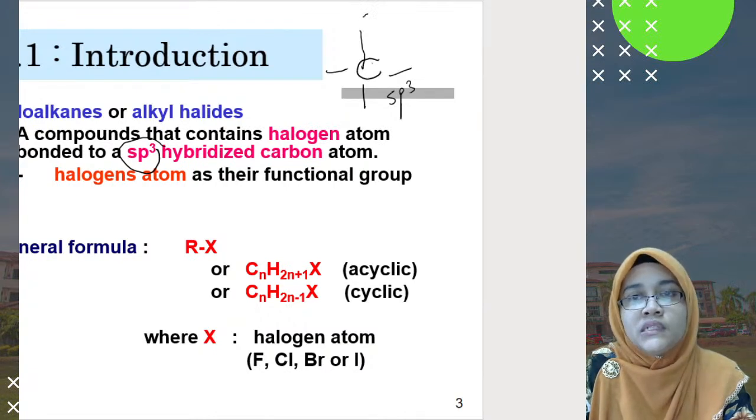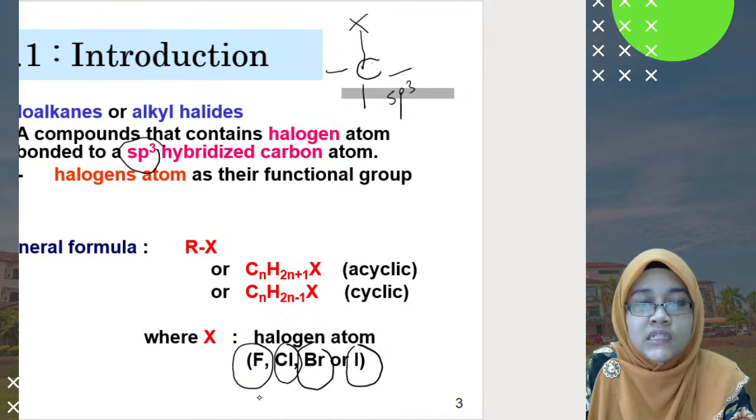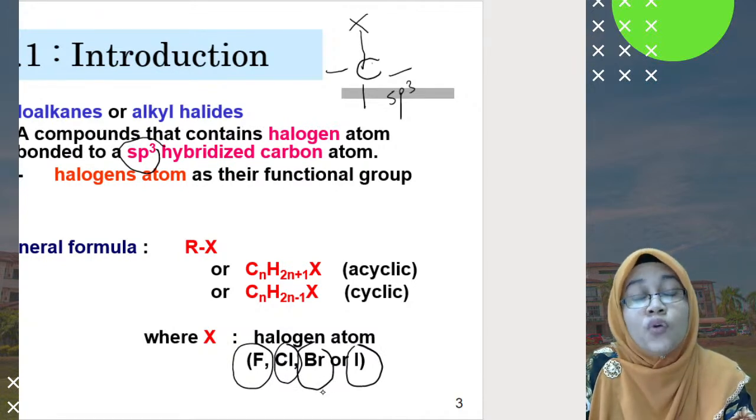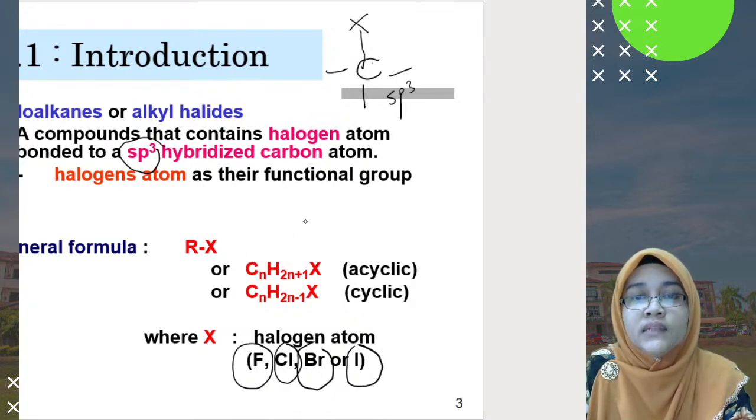Okay, the symbol is X. X can be fluorine, X can be chlorine, X can be bromine, X can be iodine. Okay, and all these 4 atoms are located in group 17 of the periodic table. Alright, so these halogens are the functional group.